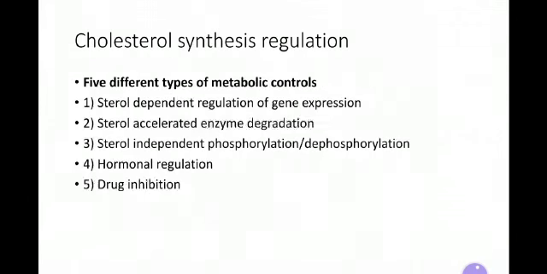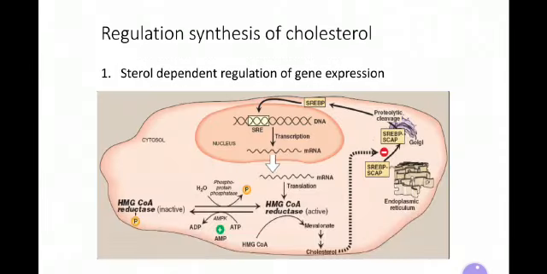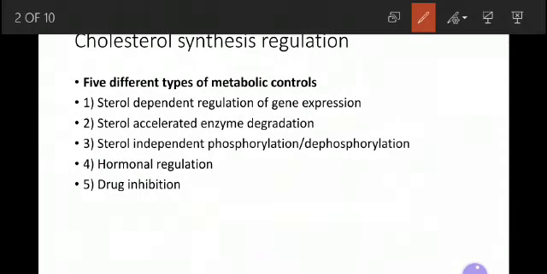So let's move on. There are 5 different types of metabolic controls which are helping in the regulation of cholesterol synthesis. Number 1 is sterol dependent regulation of gene expression.